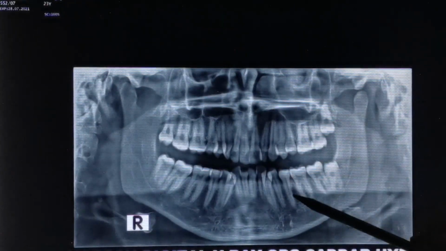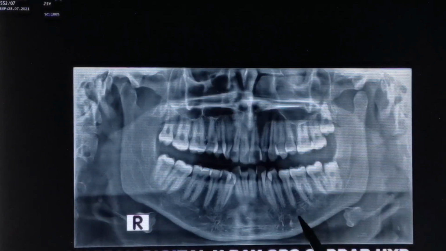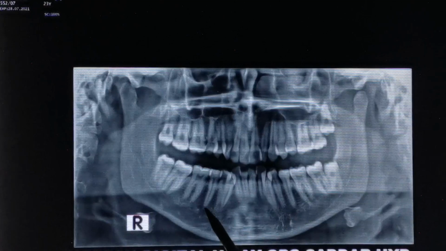This is the premolar tooth. Below this premolar you can see this dark region, which denotes the foramen. This is called the mental foramen, through which the mental nerve passes and gives nerve supply to this region of the teeth.